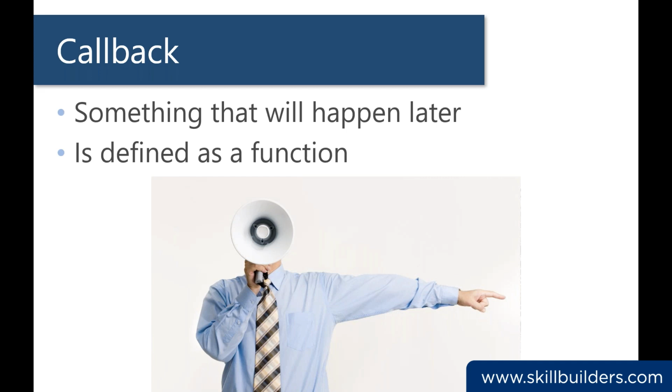Oftentimes, it is used in conjunction with waiting for a user to do something, right? Because we're not in control of the user. They're going to click and interact with the screen, and as they interact with the screen, we want to respond to them. As they perform certain actions that we think are important or should cause something to happen, then we'll have our callback be invoked.